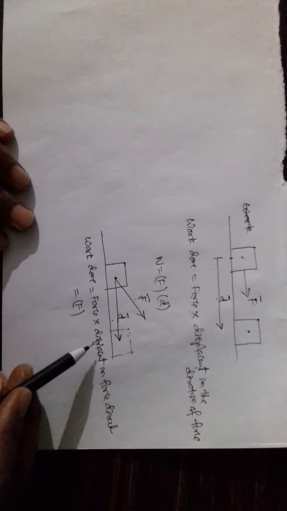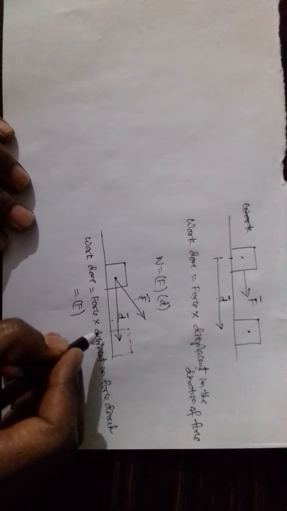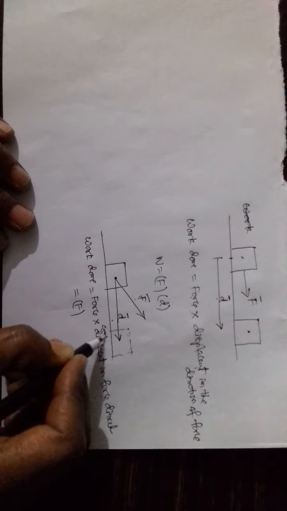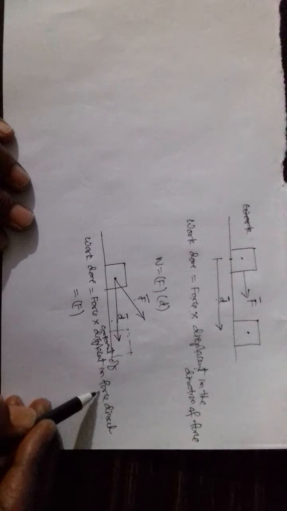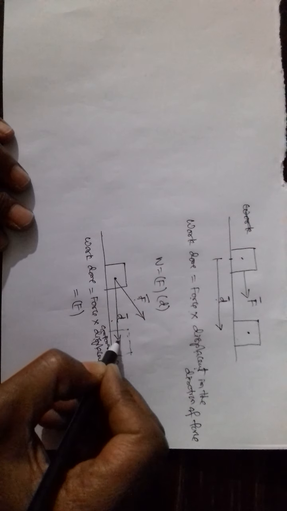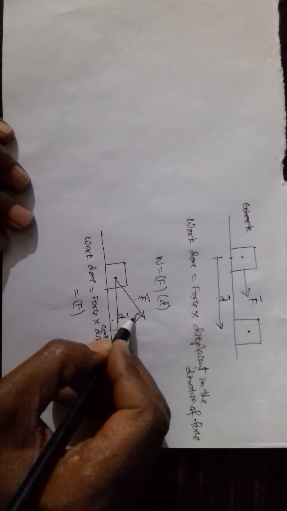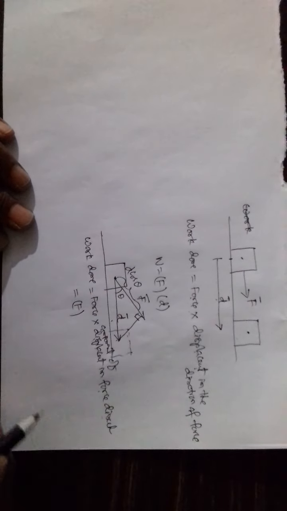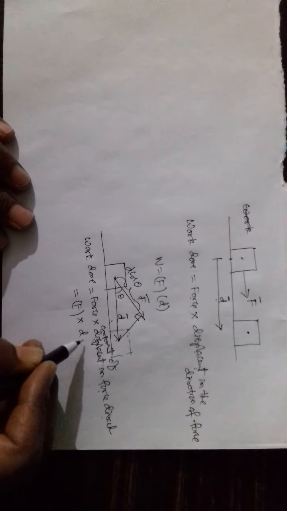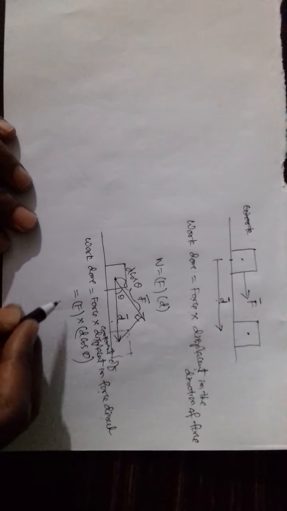You take component of displacement here, component of displacement in force direction. So immediately what you do, you draw a perpendicular onto this, and this is theta. If this is D, this will be D cos theta. Therefore here you write D cos theta. That becomes FD cos theta.